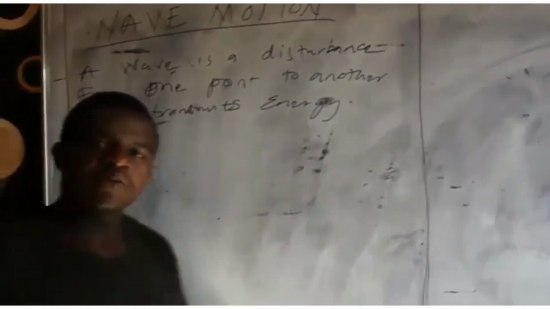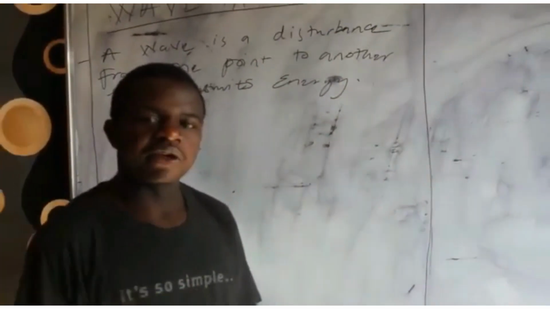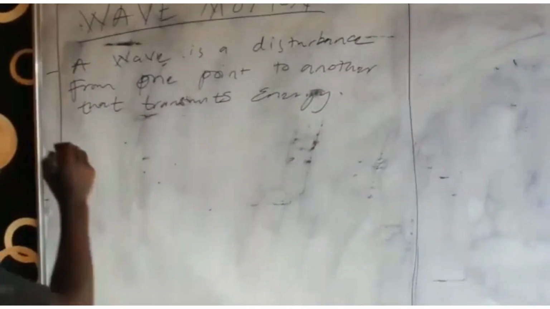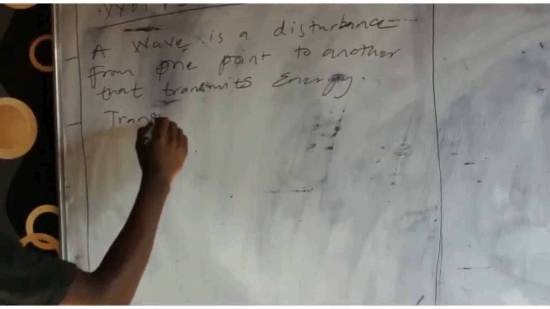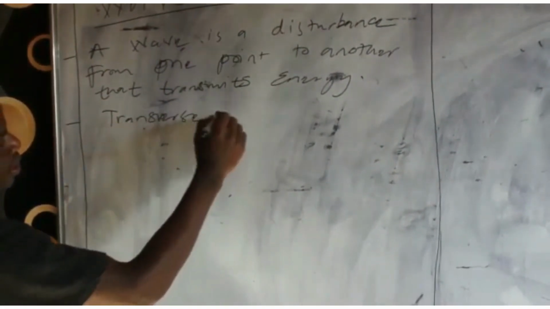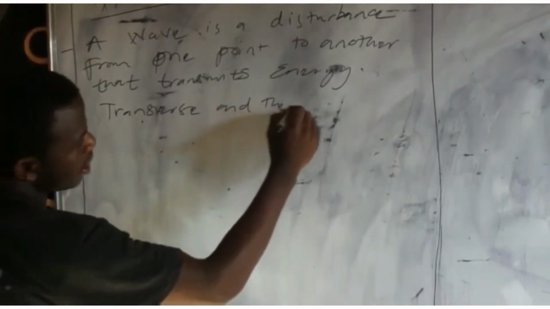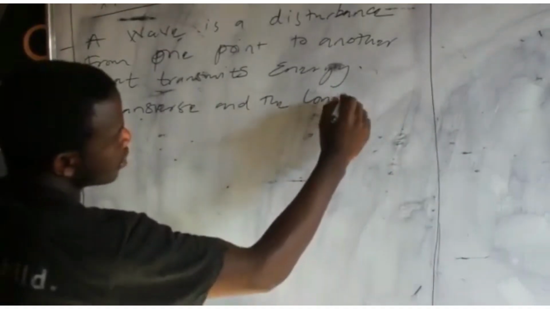Then I've said there are two types of waves. We have the transverse wave and the longitudinal wave.